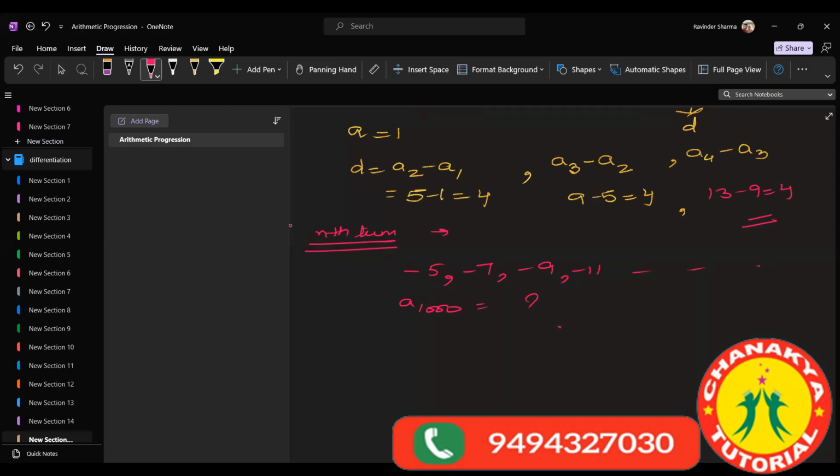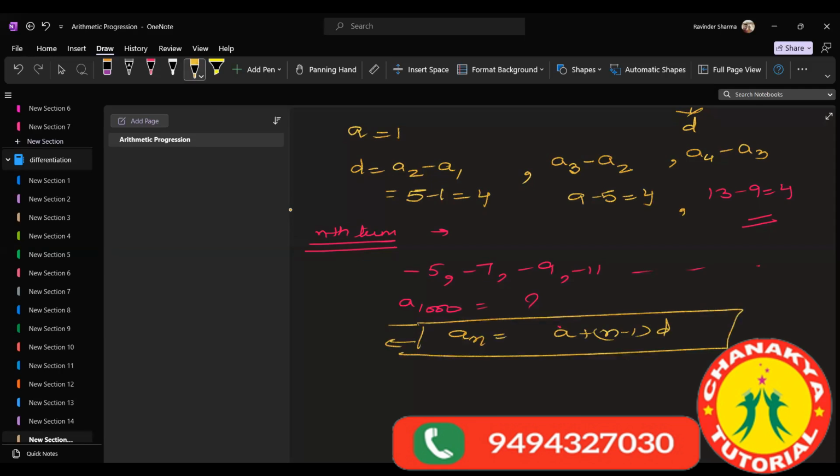So to save our time, mathematicians have developed a formula for finding any term: an is equal to a plus n minus 1 into d. With this formula, you can find any term, 1000, 2000, million, billion, any term you want.